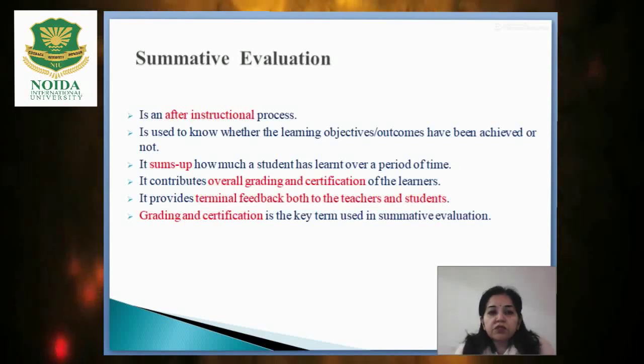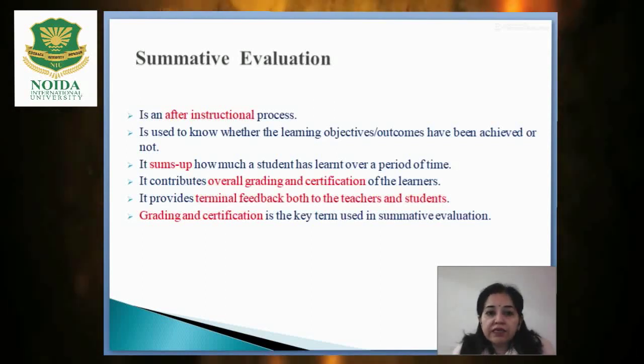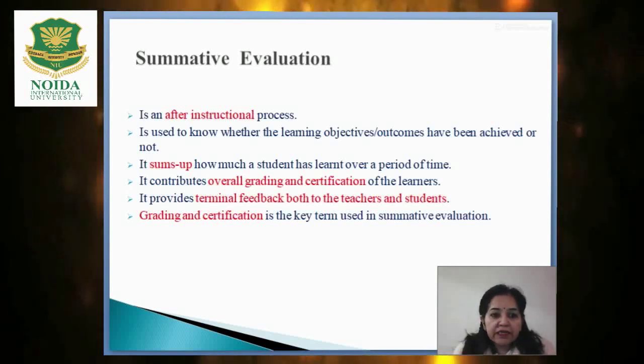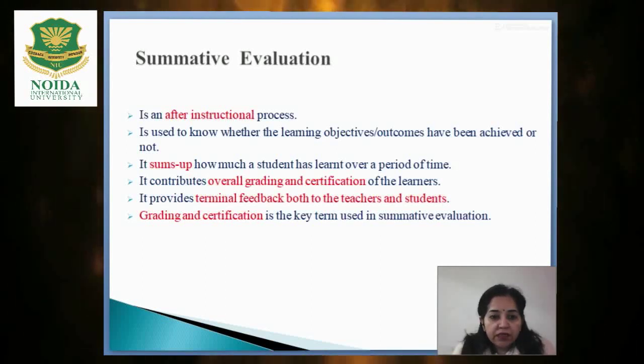It is used primarily for assigning course grades, right, or for certifying student mastery of the intended learning outcomes at the end of a particular program. So it is used to know whether the learning objectives or learning outcomes have been achieved or not.